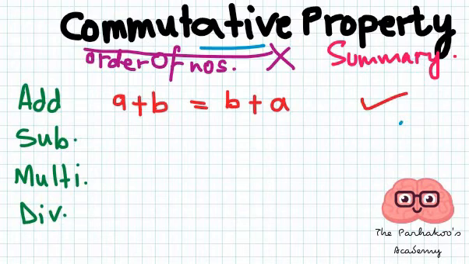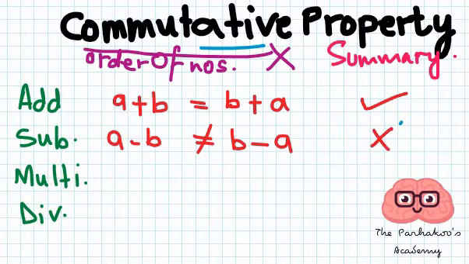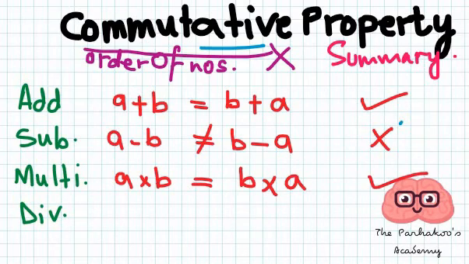Subtraction does not follow the commutative property because here order matters. Okay, it changes the result. In multiplication, again it is valid. It doesn't affect the result the way you multiply two numbers or two factors. So commutative property is valid for addition and multiplication.